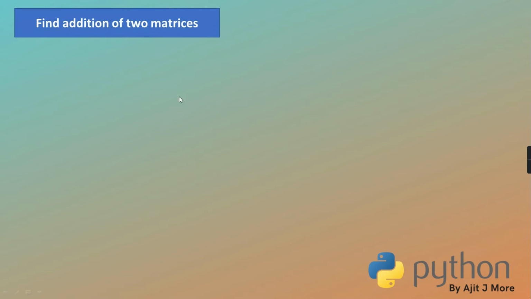So I'm taking a very simple, basic problem which comes up in our day-to-day programming, that is addition of two matrices. Now a matrix is a mathematical object in which the numbers are arranged in the form of rows and columns, right? So what is a matrix?